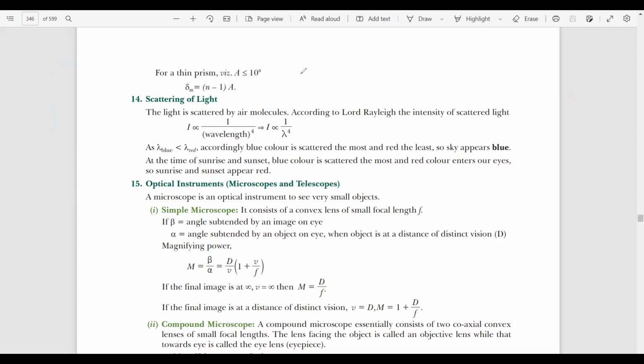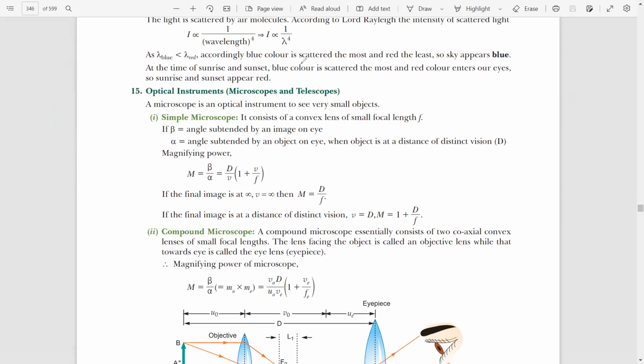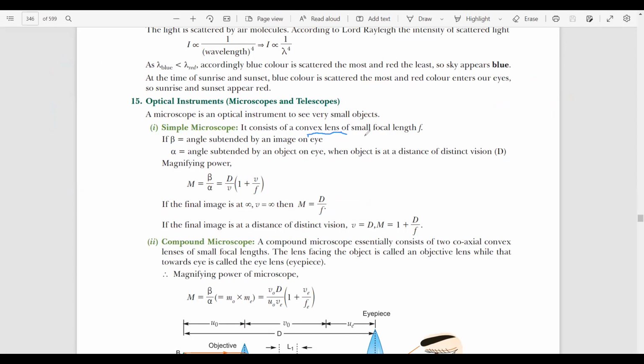Now, optical instruments. Simple microscope. It consists of a convex lens of small focal length. Beta is the angle subtended by the image at the eye, and alpha is the angle subtended by the object.